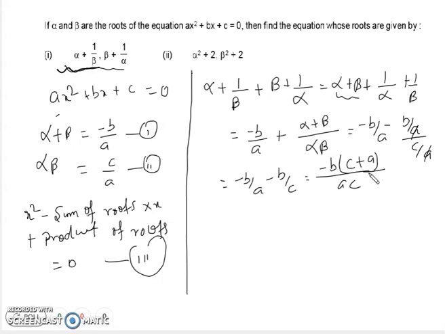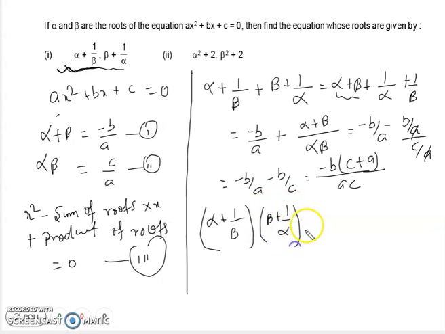Okay, and now I am going to find out what will be the product of roots, guys. Product of roots: the roots are alpha plus 1 by beta and the other root is beta plus 1 by alpha, right?